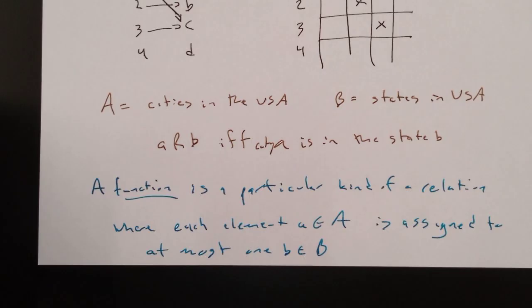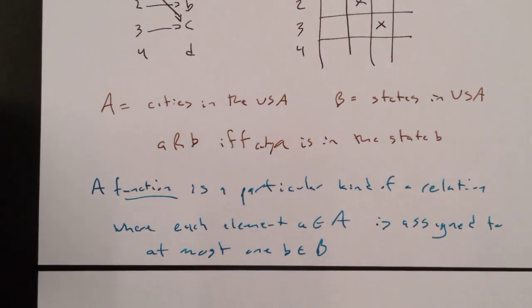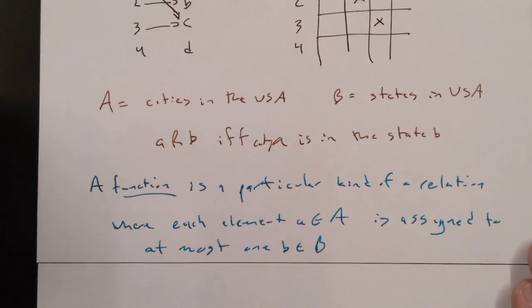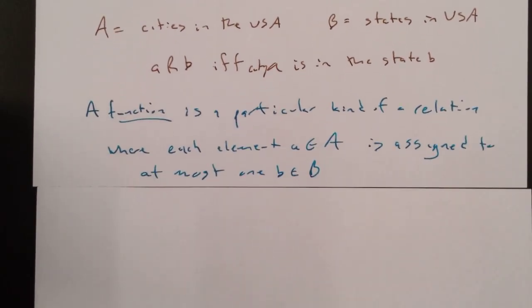Clearly, Miami fails the vertical line test in our relationship about cities and states. Greensburg fails the vertical line test. Pittsburgh fails the vertical line test. There is a Pittsburgh, North Dakota. This is what you get when you get on Google and look at the United States.